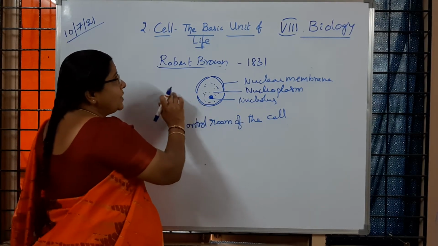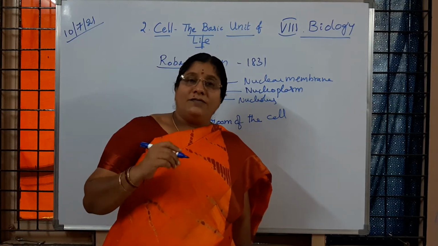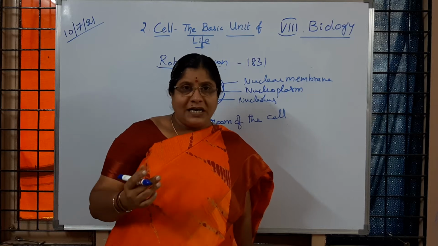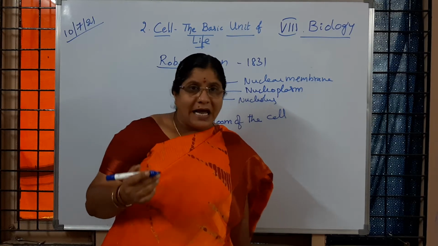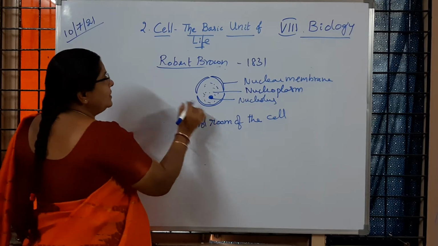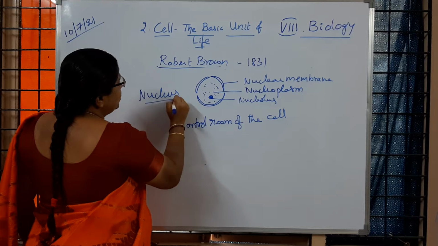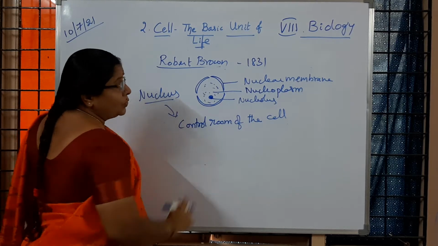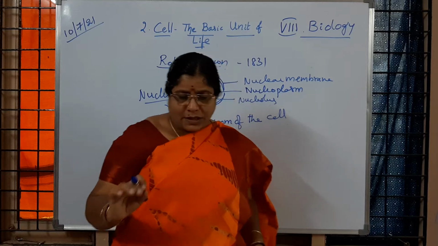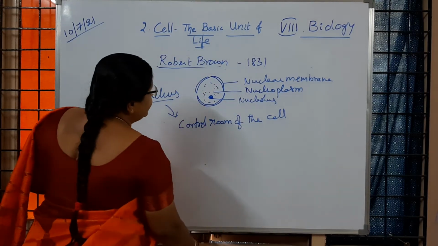Then what are the functions of the nucleus? It is present at the center of the cell, and it helps in controlling and coordinating all the cellular activities. So the nucleus is called the control room of the cell. I hope you understood. Is it clear to children?